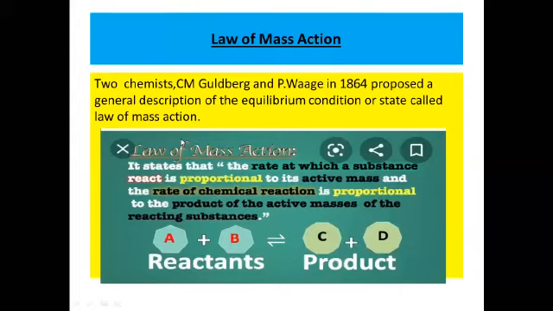The statement of this law of mass action is that the rate at which a substance reacts is proportional to its active mass. For example, A and B are substances, A reacts with B and gives C and D. A and B are the reactants, C and D are the products, and the double arrow indicates the reversible reaction.